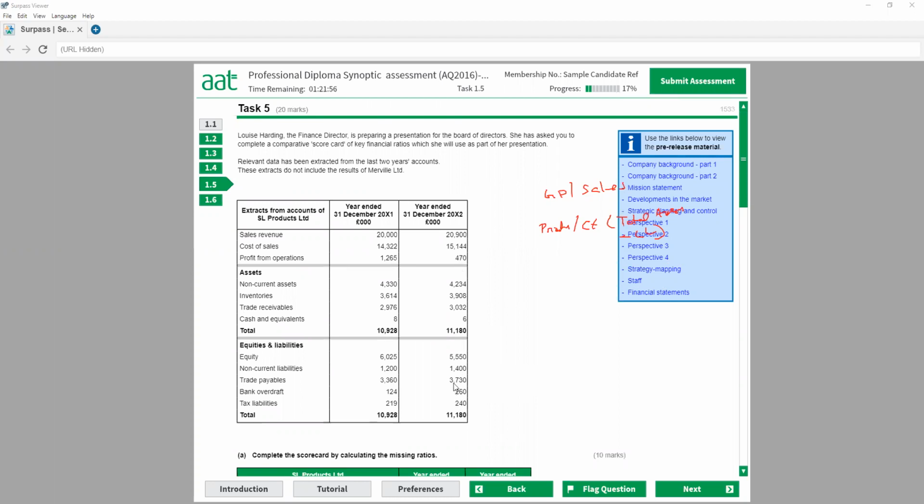So that is 3730 minus 260 minus 240, that gives me 6950. So 470 divided by 6950 gives me the return on capital employed, 6.76%. Anyway, we're going to see all this again, so let's move on.